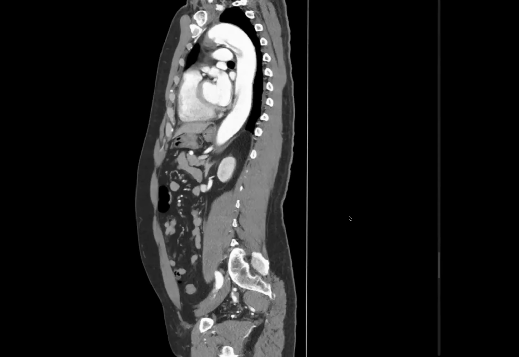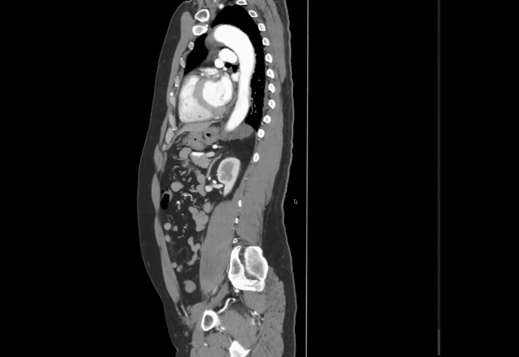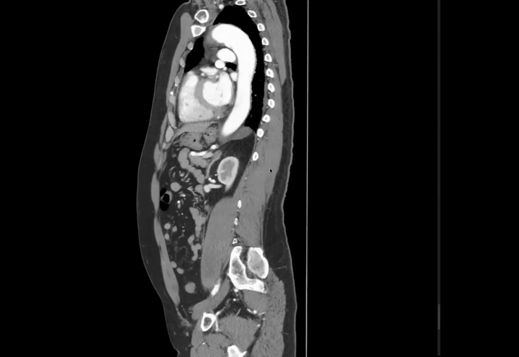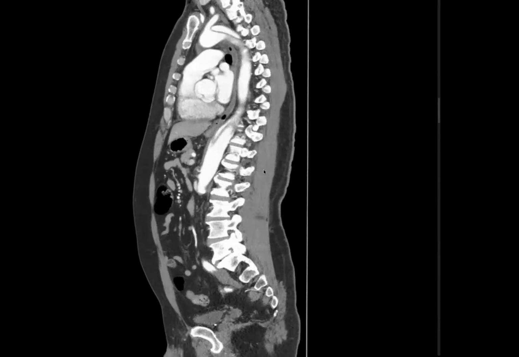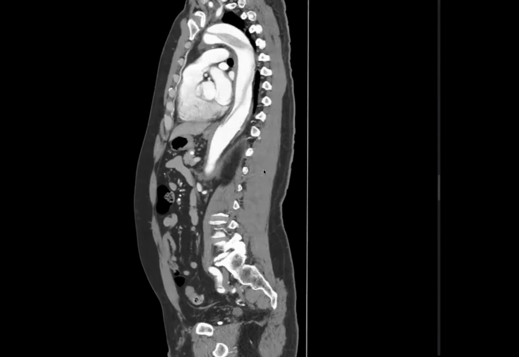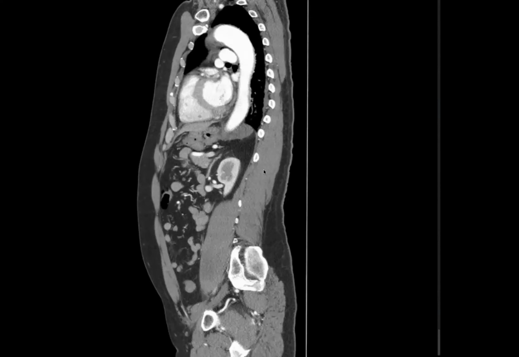So I would immediately inform the vascular team about this and refer this patient to the vascular team. But I would like to look if it is not extending, on these limited sequences, to the ascending aorta.